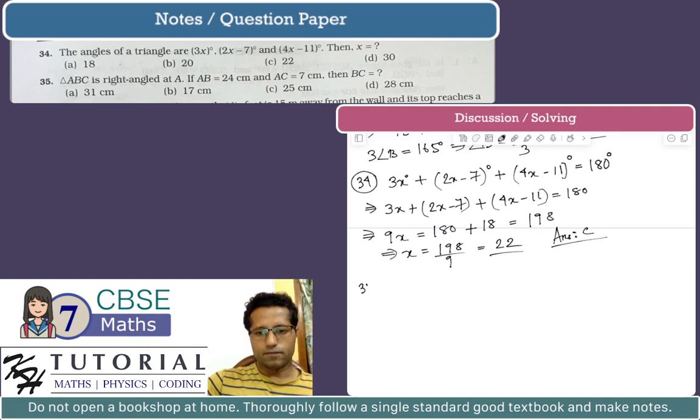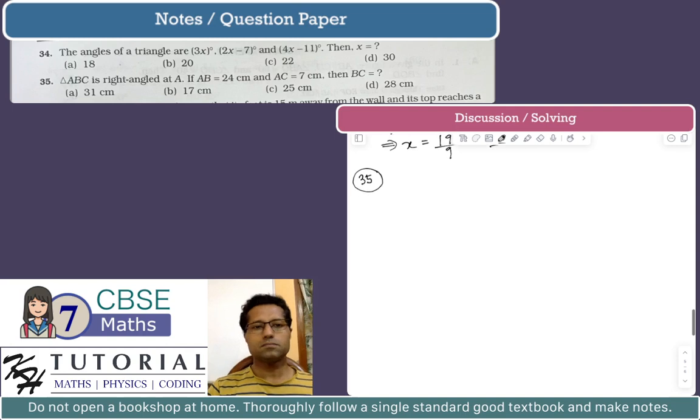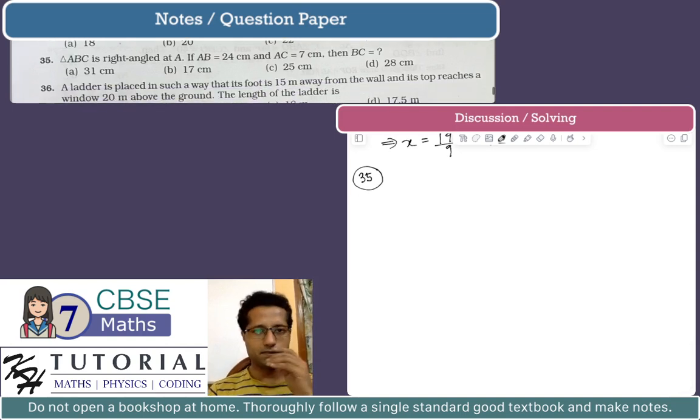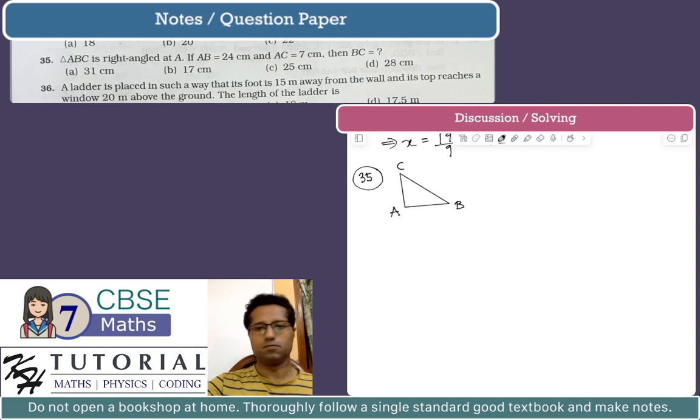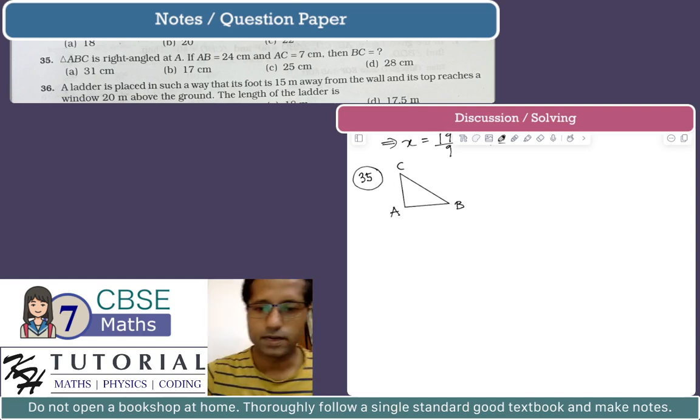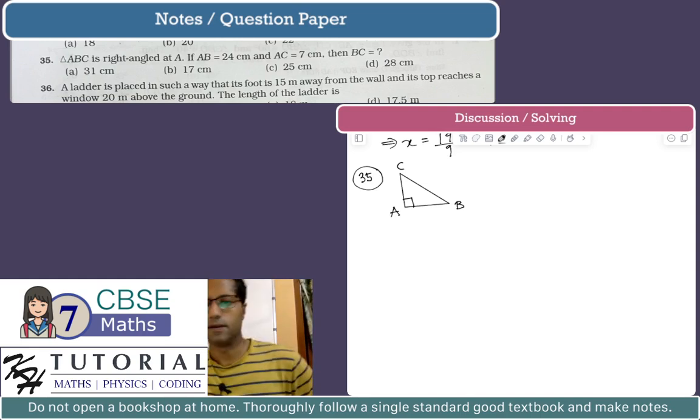Problem number 35. Triangle ABC is right angled at A. So the triangle looks like this. It is A, B, C. It does not matter whichever, this could be C, this could be B. But the triangle should be right angled at A. This is important.